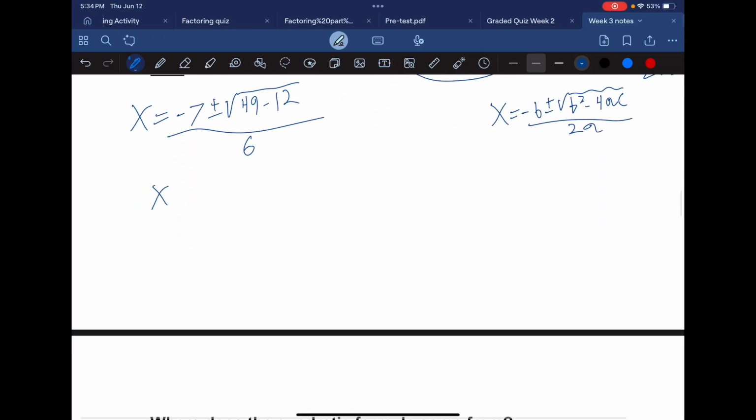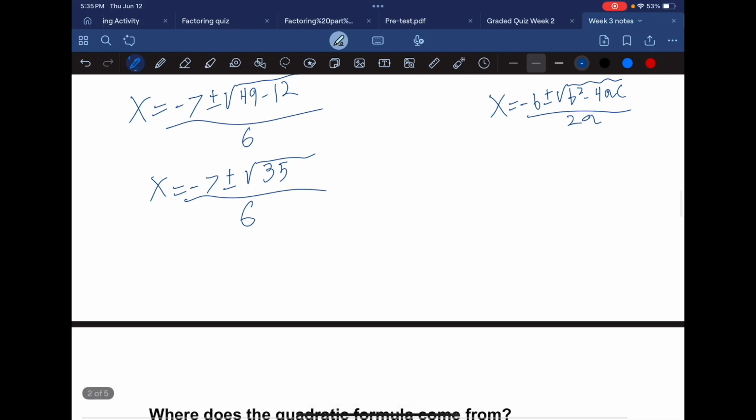So x equals negative 7 plus or minus the square root of 49 minus 12, which is 35, over 6. Can you simplify 35? What are the factors of 35? 7 times 5, no. 35 times 1, no. Yeah, no, so you can't simplify that square root.